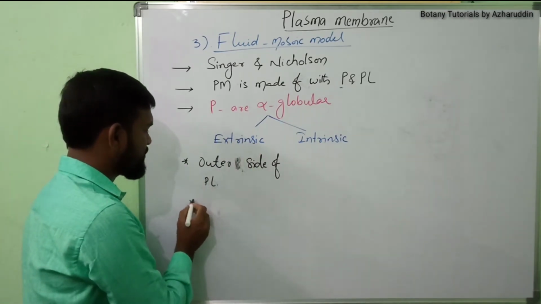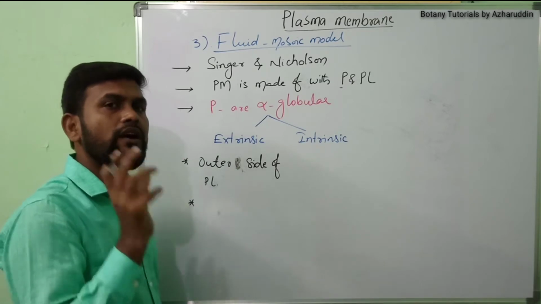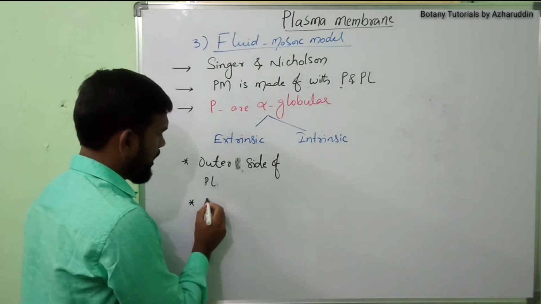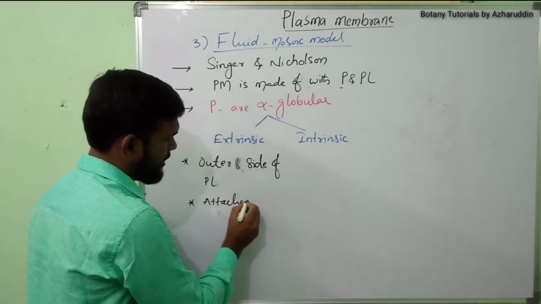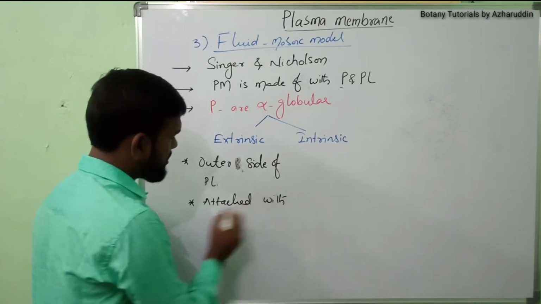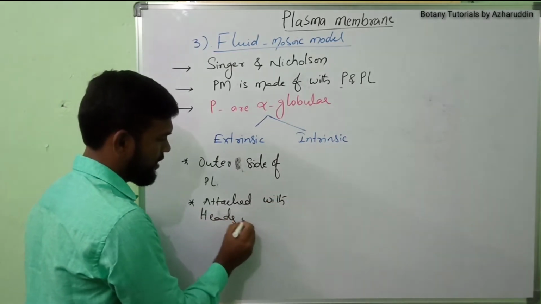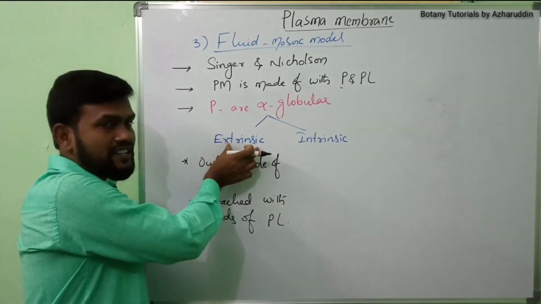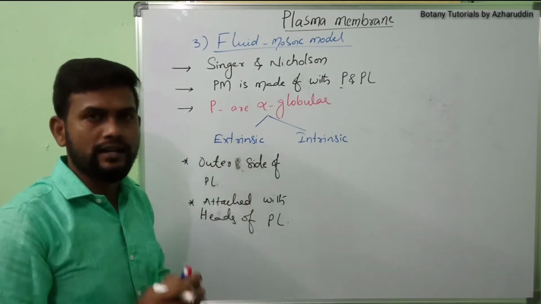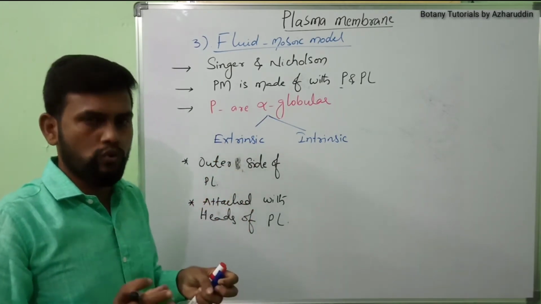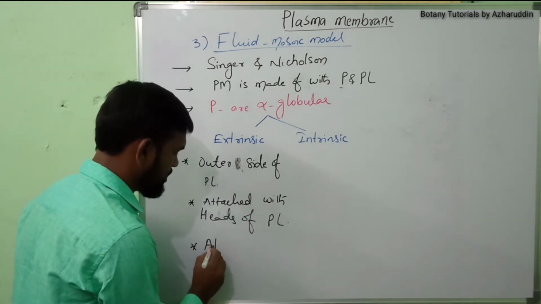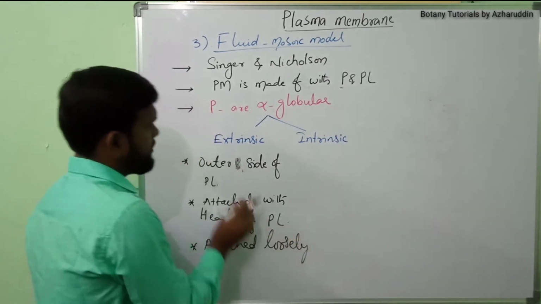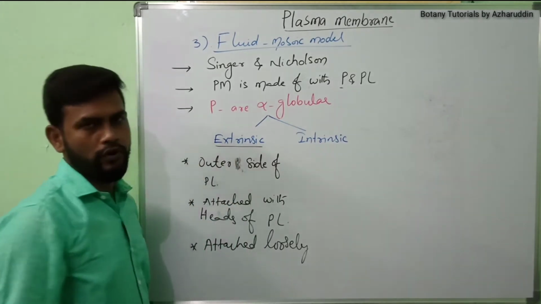Again, these extrinsic proteins are attached with the phosphate group of phospholipids, with the heads of phospholipids. And extrinsic proteins are loosely attached. Their attachment is loose. This is about extrinsic proteins.